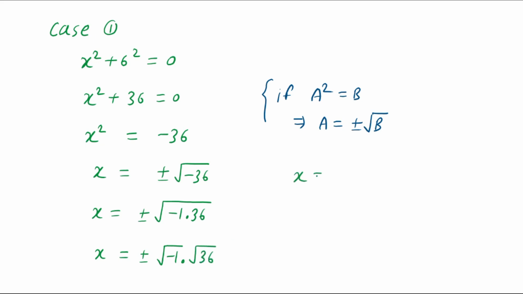Then x is equals to plus minus, square root of minus 1 is iota, and square root of 36 is 6 square, and square root is cancelled out by this square, then x is equals to plus minus 6 times iota. So here first solution x1, this is equals to plus 6 iota, and second solution x2, this is equals to minus 6 iota.